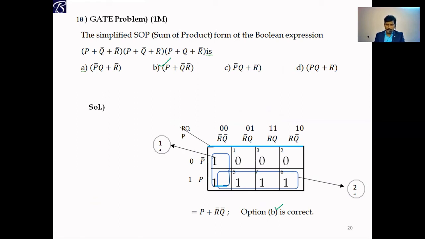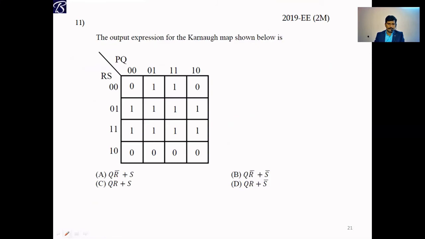In that way, we can convert the given POS into SOP form easily. Let us go to the next problem. This question was asked for 2 marks in 2019. The output expression for the K-map shown below, we need to minimize.